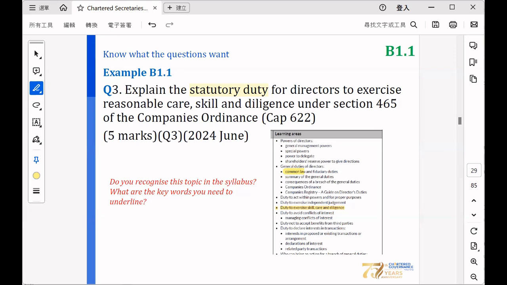There's no need to go to the office every day. You can delegate your power to someone else. So basically, this is about section 465. If you understand section 465, that's very good. But if you don't, then you will probably miss these 5 marks in your answer.